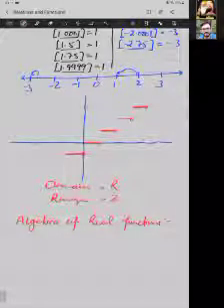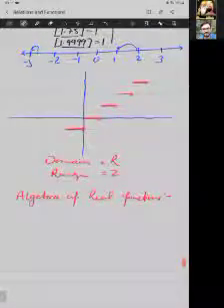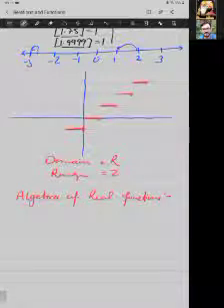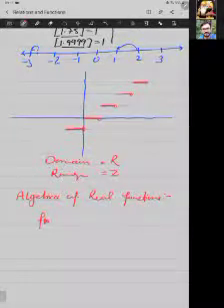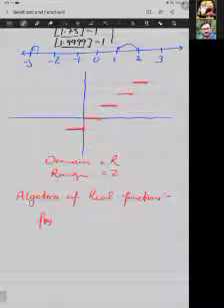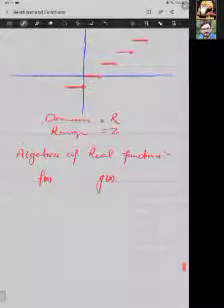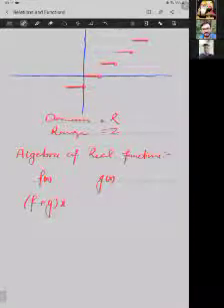Now we are going to study the algebra of two functions. Algebra of two functions means, first of all, addition of two functions. A function f(x) is given to us, and another function g(x) is also given to us. And it is said that we need to find (f plus g)(x). Then how to calculate (f plus g)(x)?